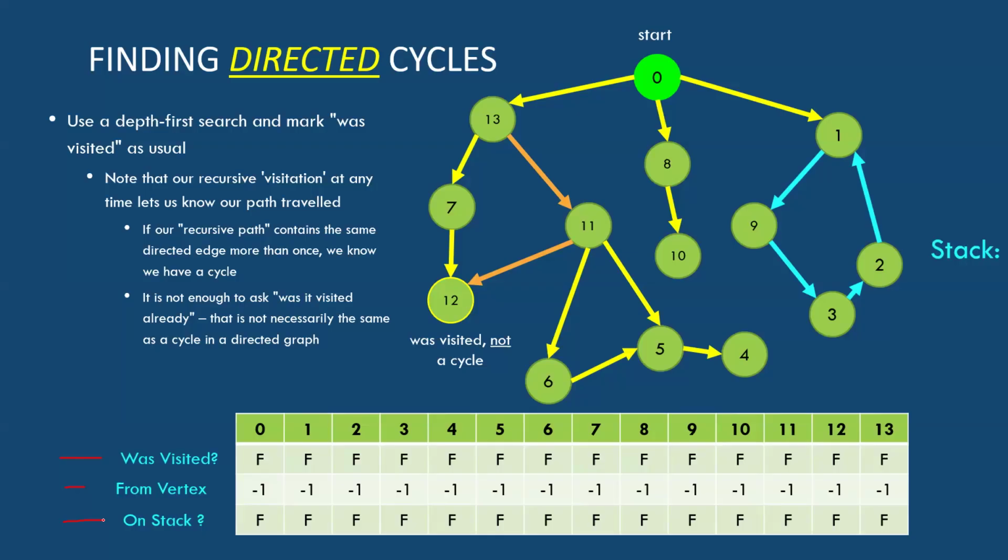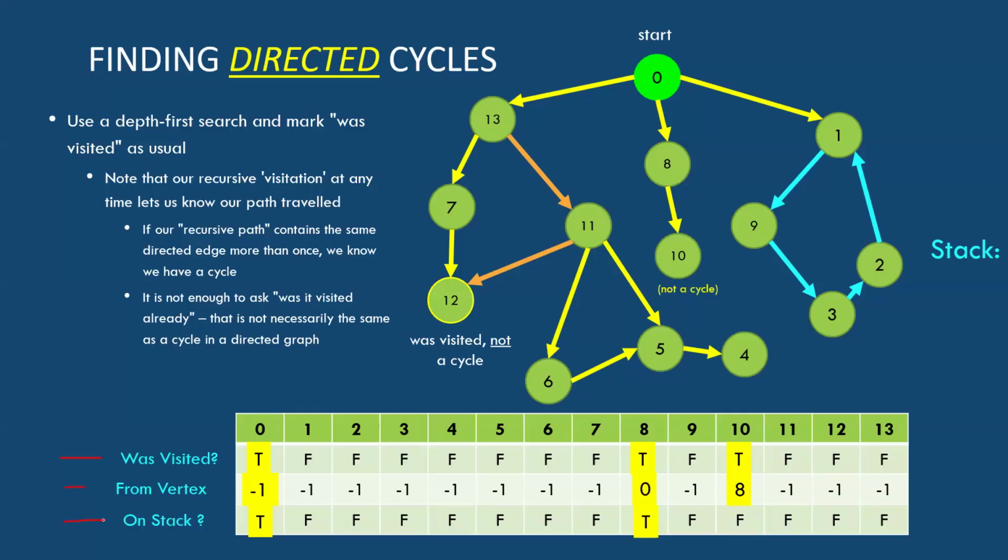So let's trace this out. I go to 0, and then I have a from vertex of -1. I come down here to an 8, and I got there from the 0. I go to a 10, and I realize, okay, I came to a dead end. This is not a cycle.